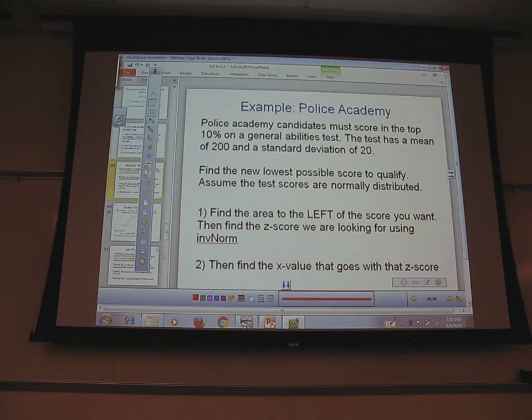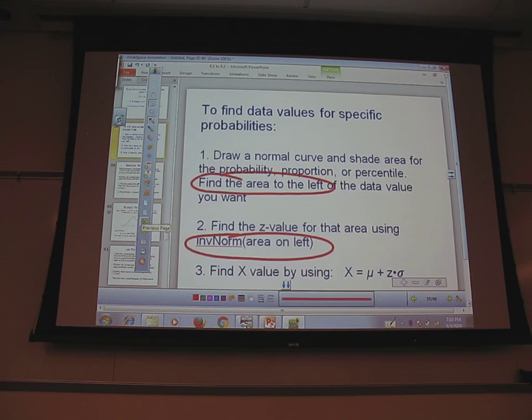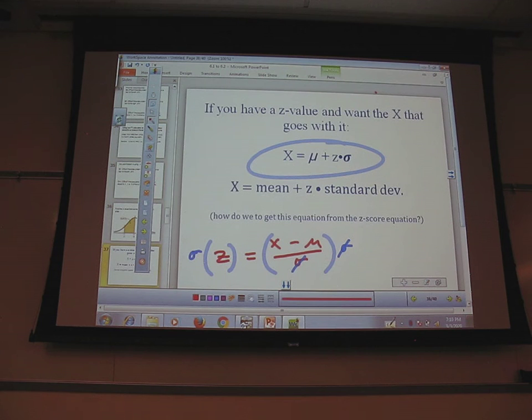Did you guys get this previous one right above it? X value equals mean plus z times standard deviation. Yep, z times standard deviation. This right here goes in your notes. Data value, your x, equals the mean plus z times standard deviation. What was number 3? Convert the z-score to an x value.